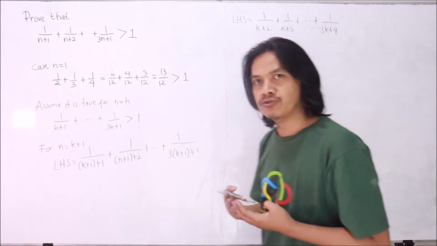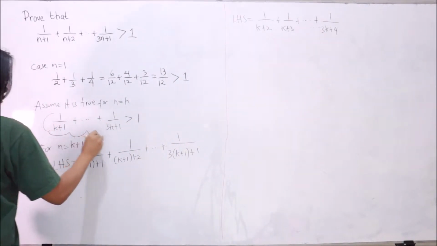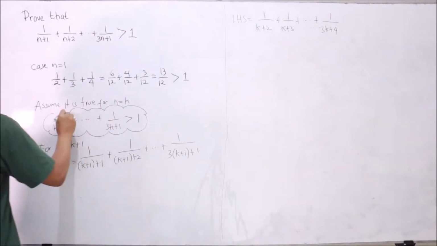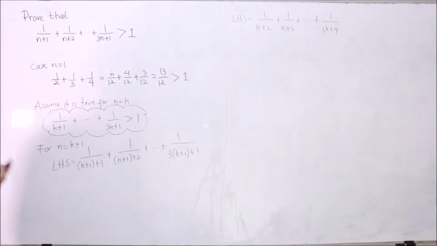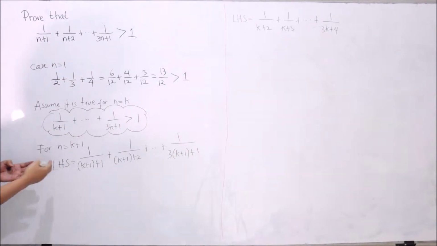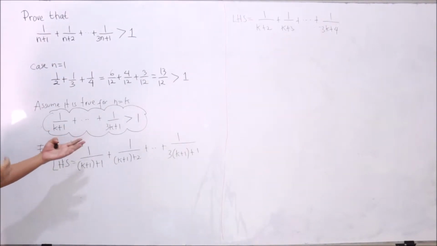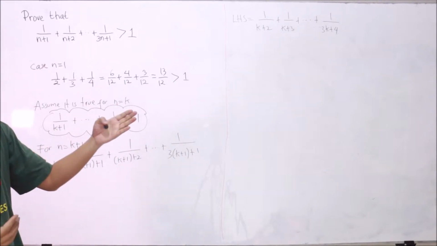Now we wish to use the induction hypothesis somehow. To make use of this inequality, we're going to force the left hand side so that it has this kind of expression. We can see right away that this expression starts with 1 over k plus 1.